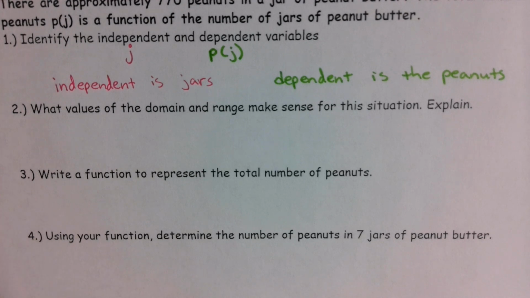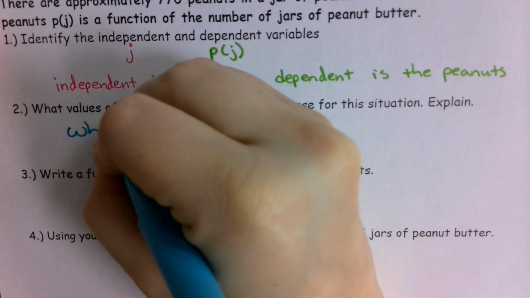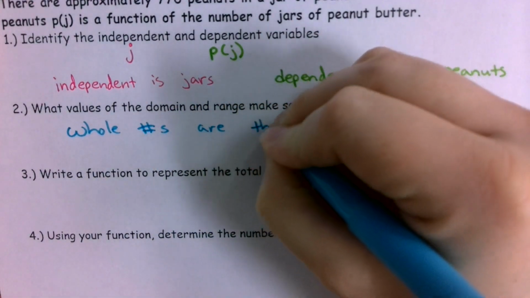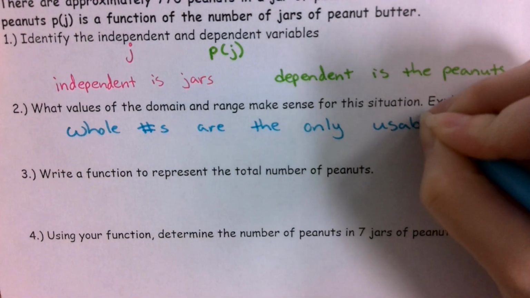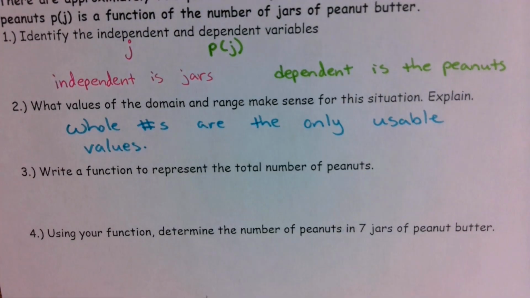You could have 0 jars, you could have 1 jar, you could have 2 jars. Only whole numbers will be used in this situation. And if you can only have whole number jars, that means that they're only going to be using whole number of peanuts as well. Okay?